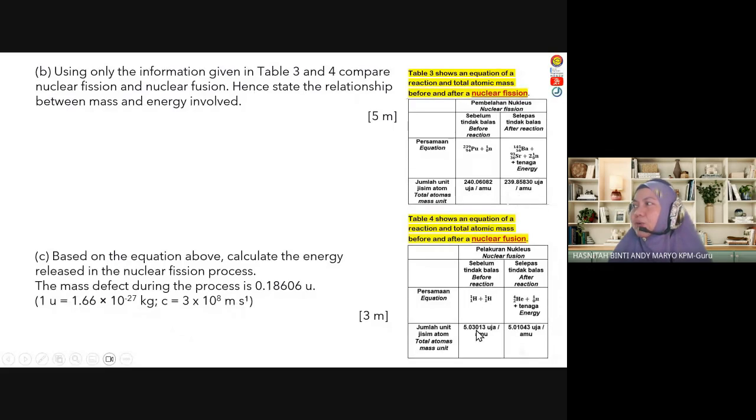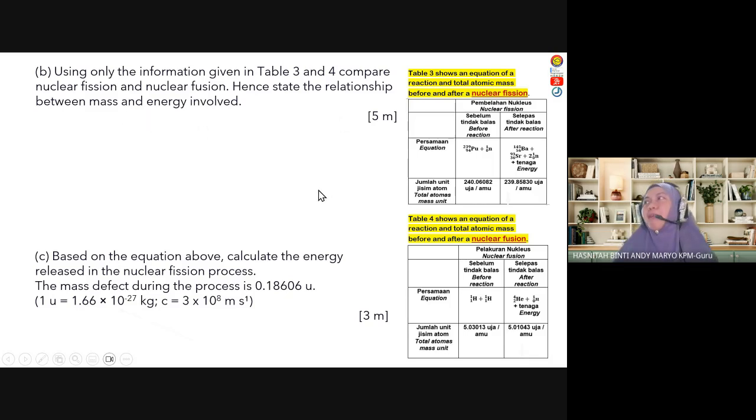This one also, they give you the total AMU before and after reaction. So the question asks, by using only the information given in both tables, compare nuclear fusion and nuclear fission reactions. Hence, state the relationship between mass and energy involved.